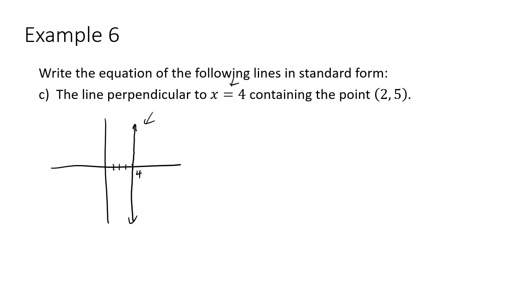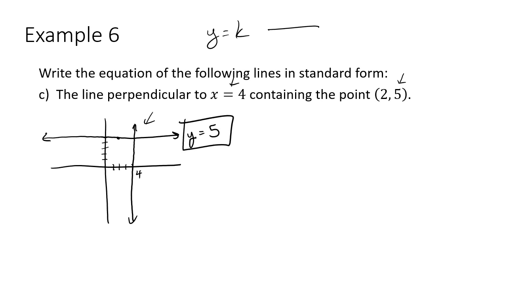So my equation needs to be y is equal to something to draw that equation of a horizontal line. Well, we know it needs to contain the point 2, 5. They're basically giving you the y value that you need to set it equal to. If you need to go through a point with a y value of 5, that means your line needs to be y is equal to 5.